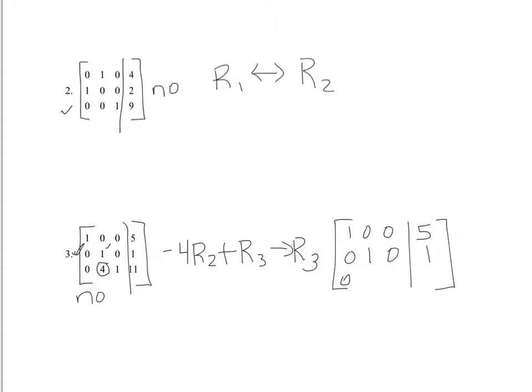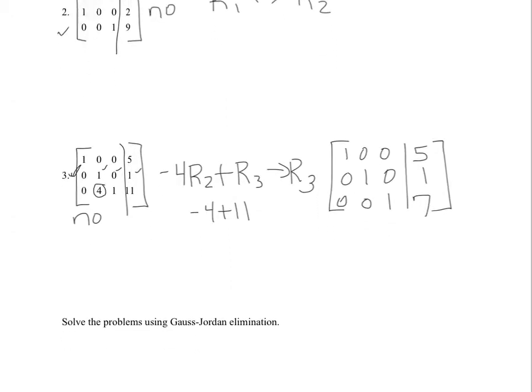And if I take -4 plus 4, that will give me a 0. And then if I multiply -4 times 0, I get 0. And 0 plus 1 is 1. Now don't forget to take care of the answer column, because -4 times 1 is a -4, and -4 plus 11 gives you 7. So now we have that in reduced row echelon form.